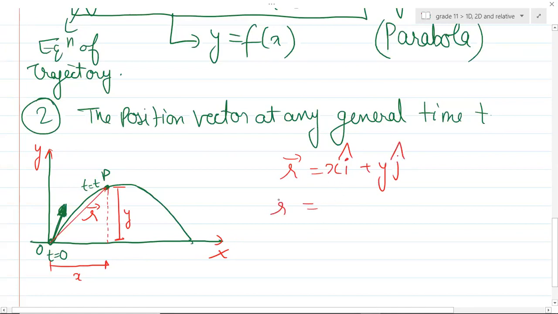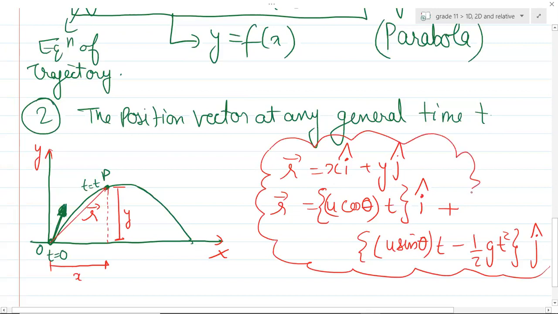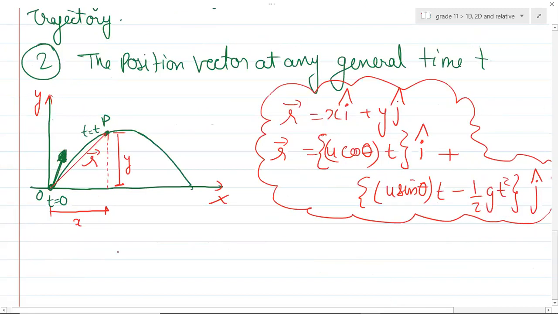And what was x? u cos theta t i cap plus, for y, u sin theta t minus half g t square j cap. This is your position vector. It's not a formula, but if you can remember it, it's well and good. Otherwise, you know how to derive it, right?